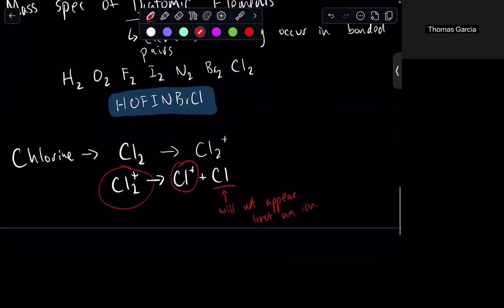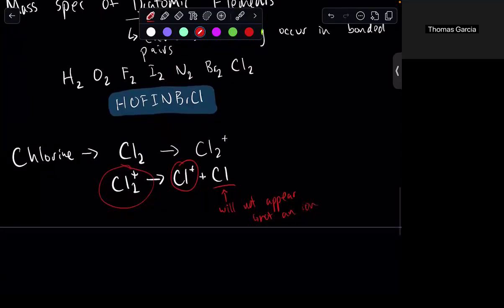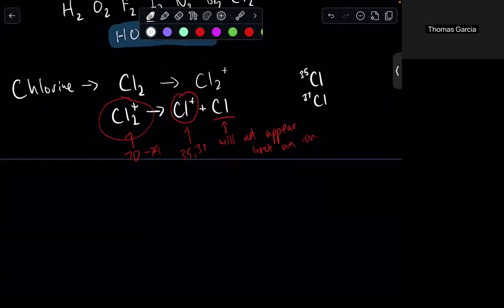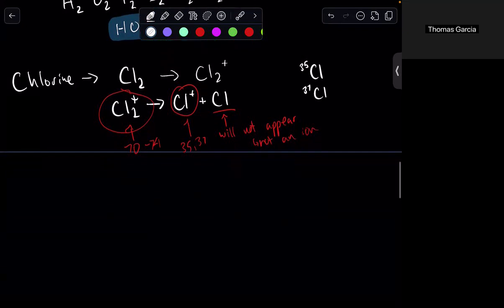A couple other things about that is we get a different graph because Cl2 has a mass of somewhere around 70 to 74, while Cl has a mass of 35 or 37. The two naturally occurring isotopes of chlorine are chlorine 35 and chlorine 37. So when we have these two isotopes, we get an entirely new graph.